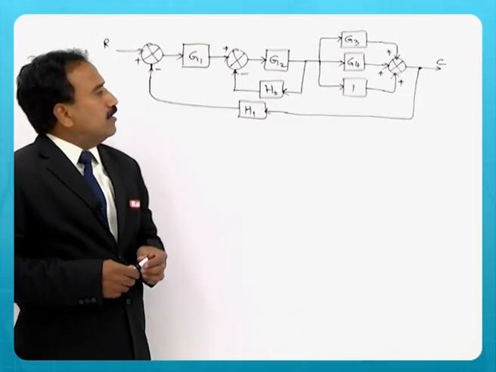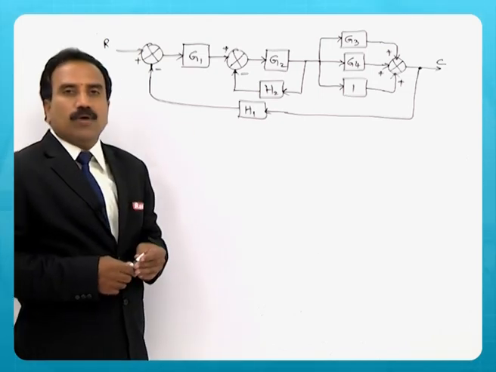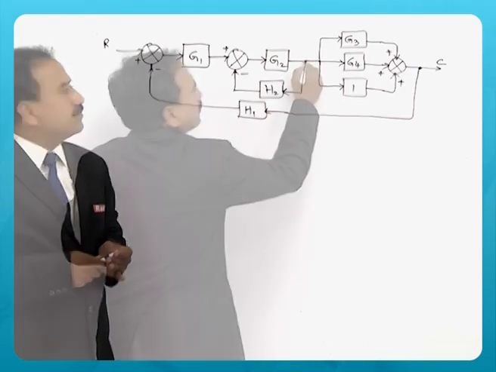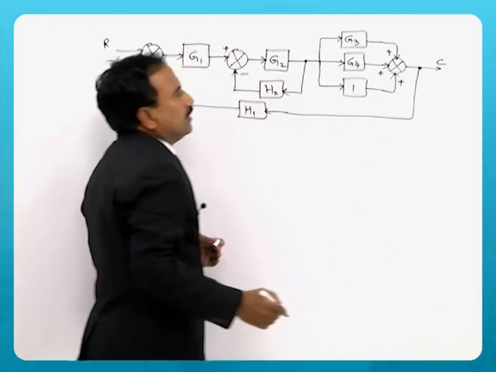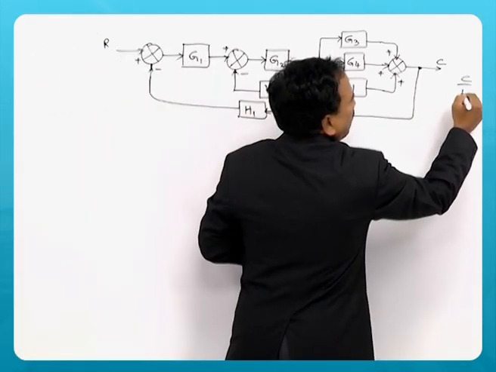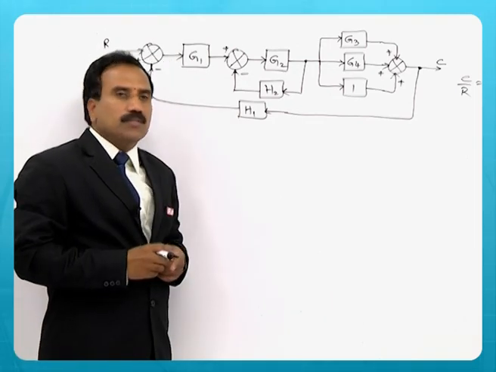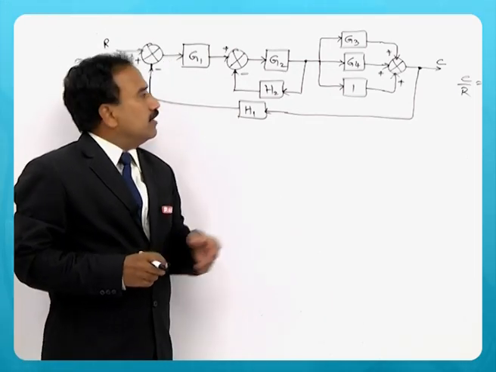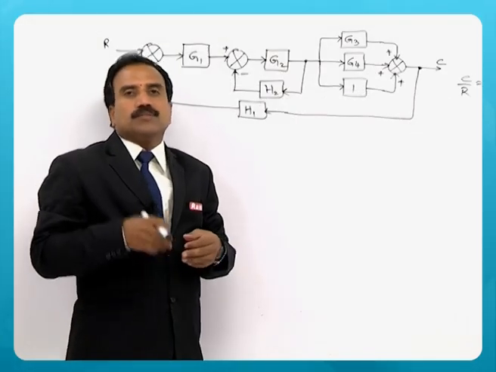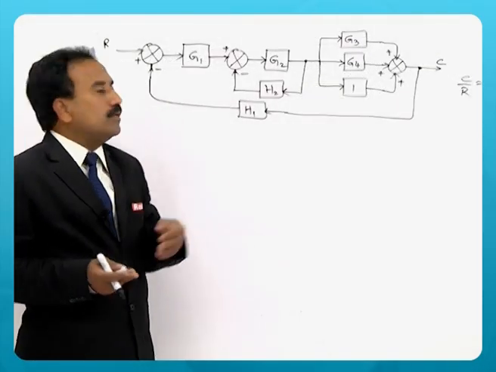So look at this block diagram. It consists of several blocks and summing points and takeoff points. Such a problem, if given, suppose you are asked to find out the transfer function C by R. Using block diagram reduction rules, you can anyway apply and you can identify what are the forward paths. So you can apply the rule. Eliminate the feedback loop, you can apply the rule.